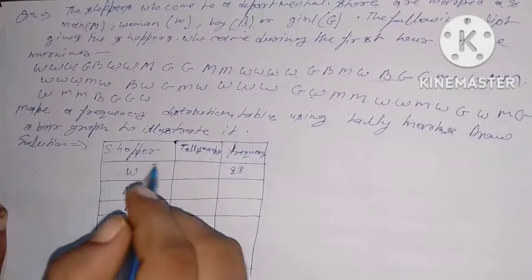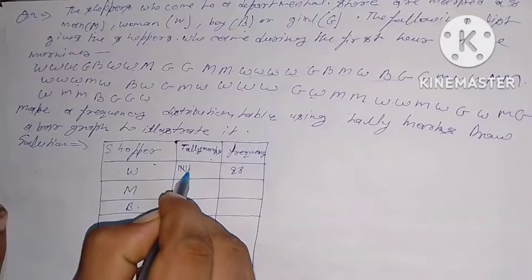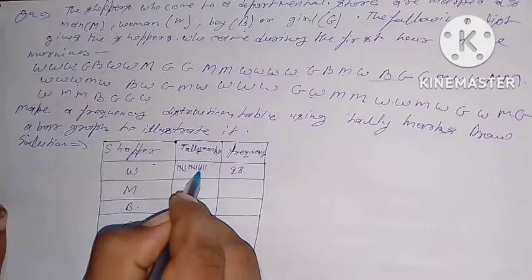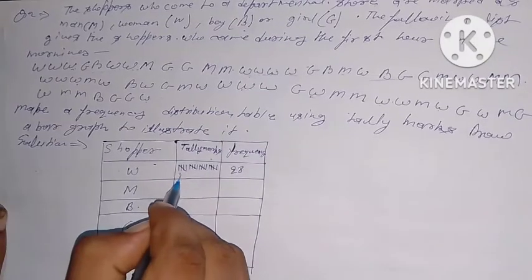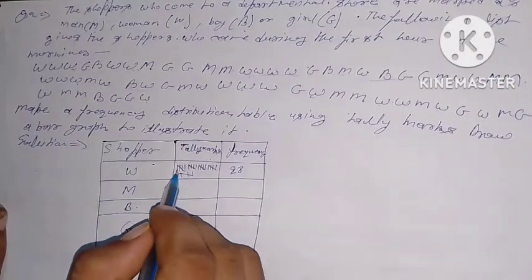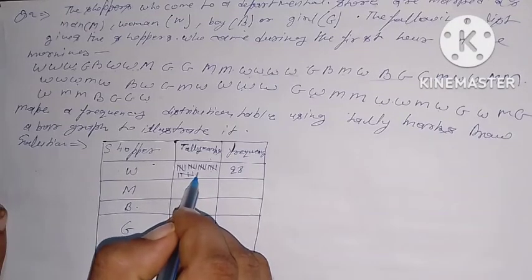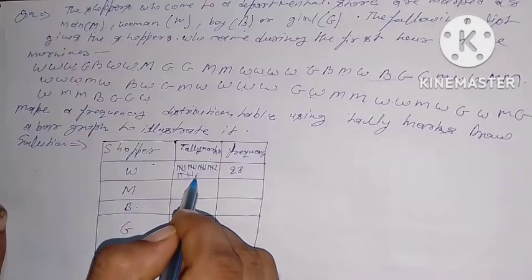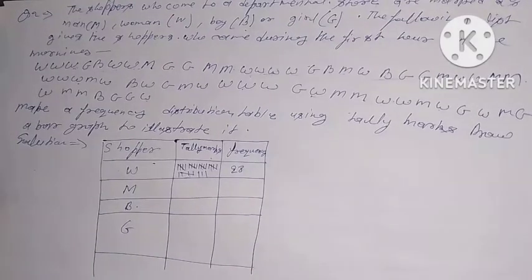The tally marks are groups of five: 5, 10, 15, 20, 25, plus 26, 27, 28.